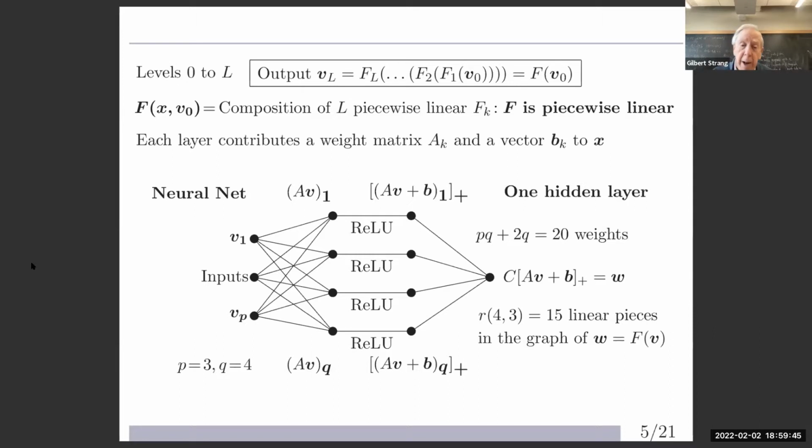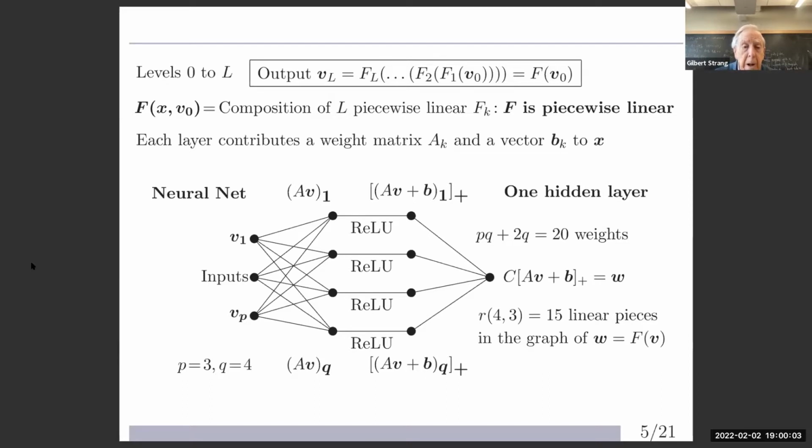And now with only one hidden layer, we go to the output. So that's a very short neural net, and many of you will know much more about that.